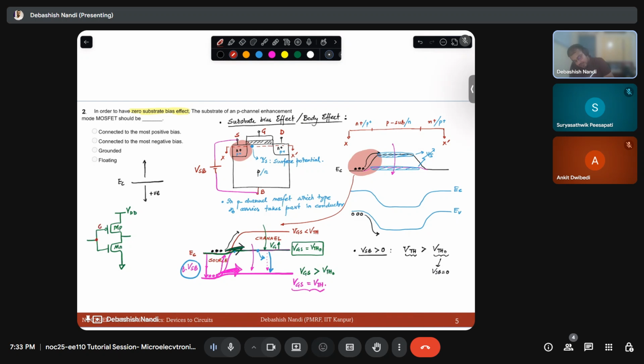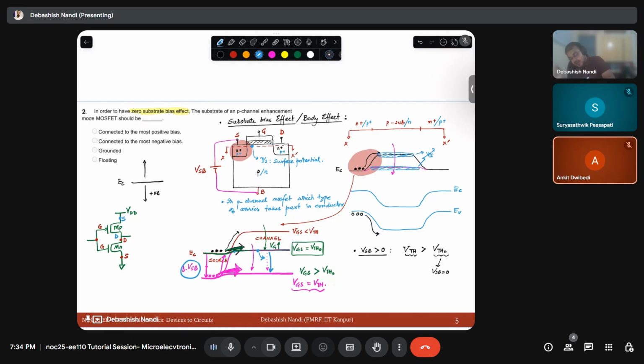This terminal is gate, this terminal is also gate. This is your drain and this is your source, right, for the NMOS. What about the PMOS? The upper one is source and the lower one is drain, because for my PMOS or P channel MOSFET, my source has to be at a higher potential.